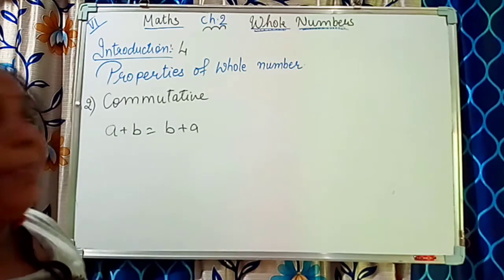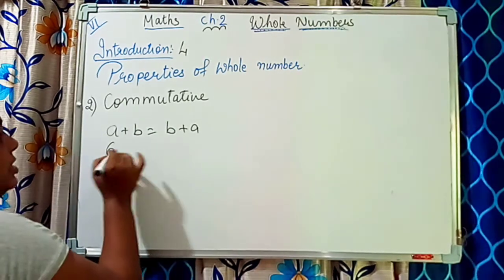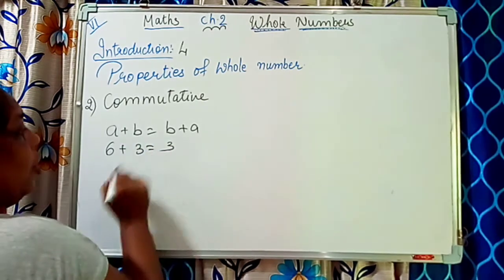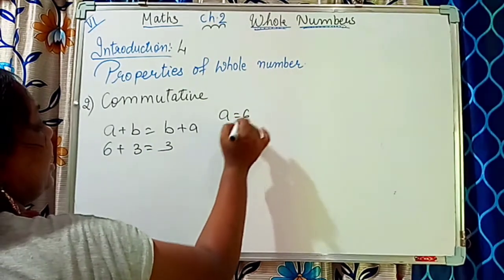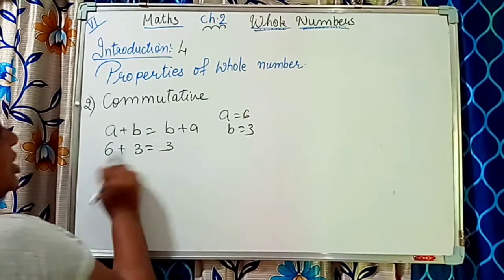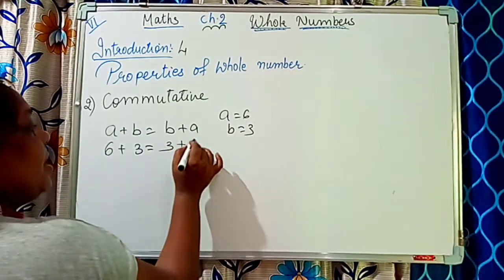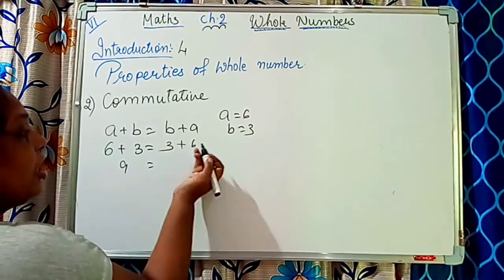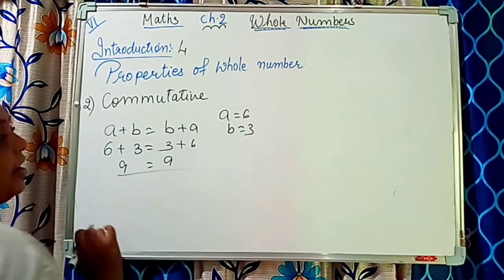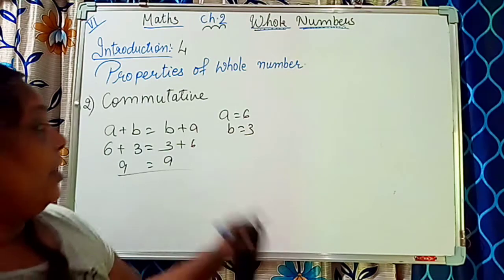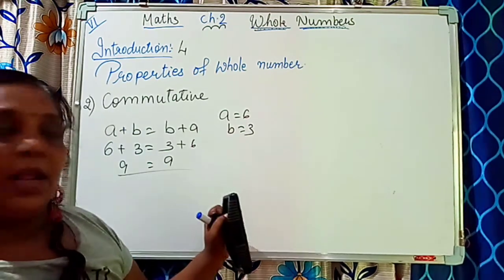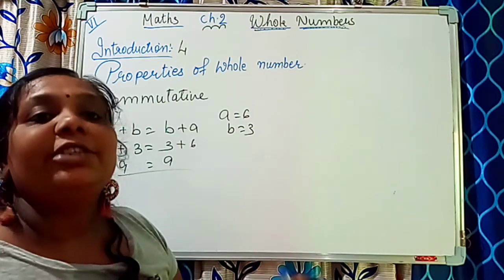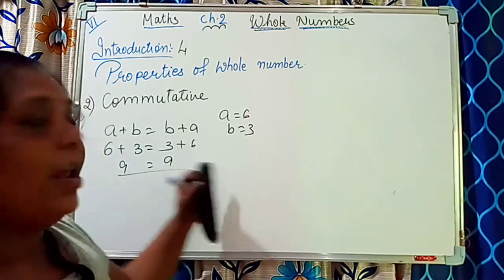For example, A is equal to 6 and B is equal to 3. So 6 plus 3 and 3 plus 6. What will come? 6 plus 3 is 9, and 3 plus 6 is also 9. In any order we write, the numbers come equal. Whatever order we write, A plus B or B plus A, the same number will come.